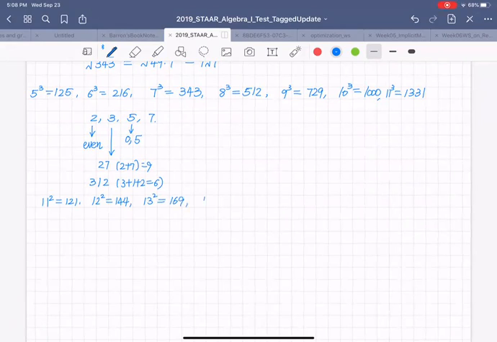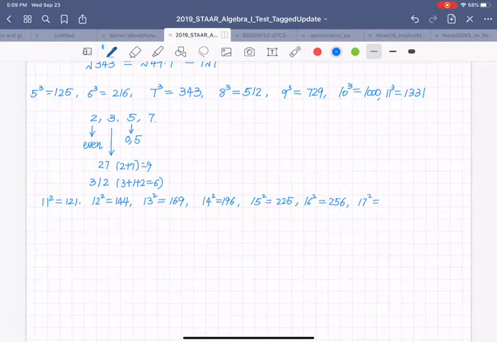Yes. 14 squared. 196. 15 squared. 225. 16 squared. 256, that's right. Good job.